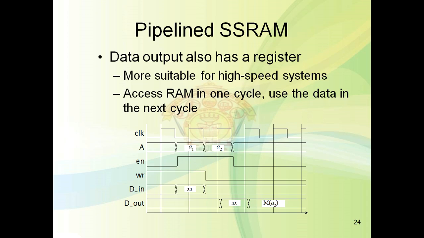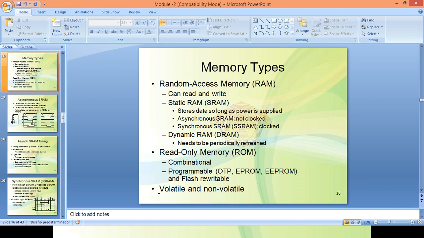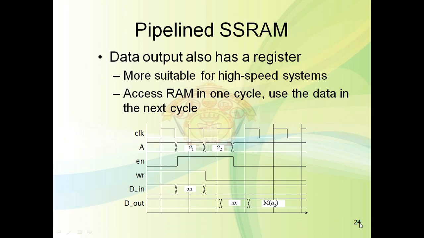In the previous case, the flow through SRAM has a register on the input side only, and it has a drawback: it does not have faster memory speed or access time. It is slow access time. To improve access time, we have to use an output register also. That improvement is done in the pipeline SRAM.